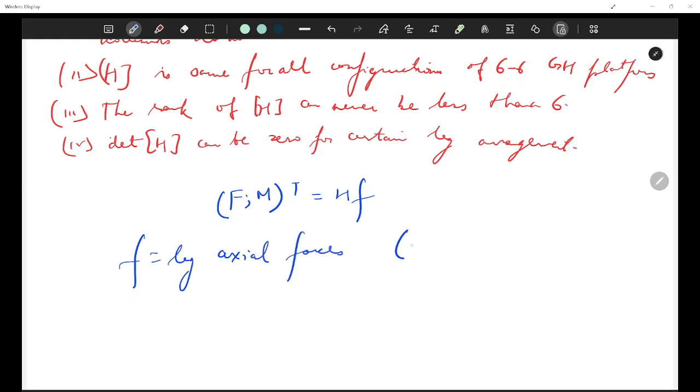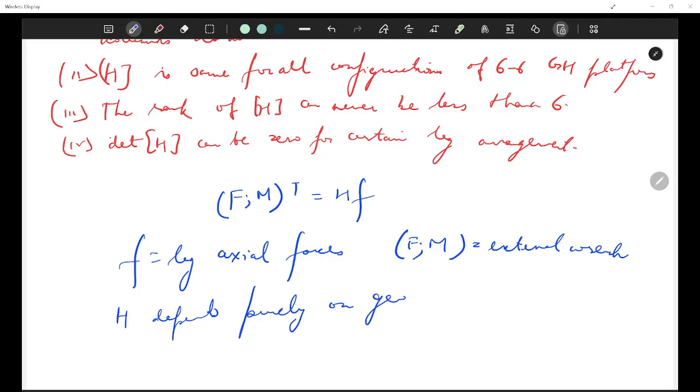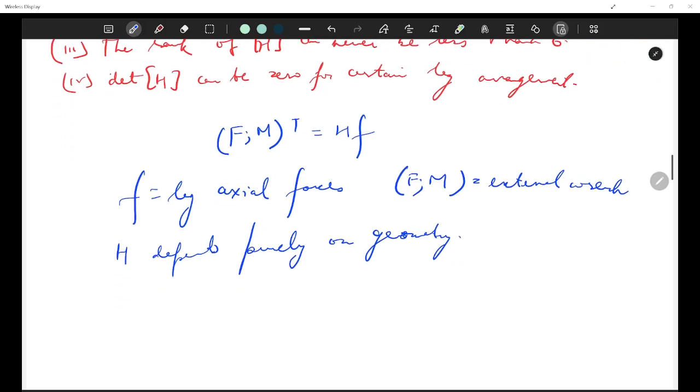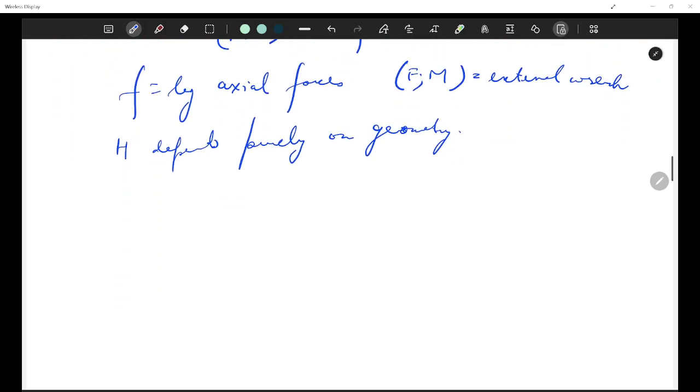Okay, F and M are the external wrench. H depends purely on geometry. Okay, so what is the structure of H? The top three rows, I'm not writing it completely, but the top three rows are direction cosines which are dimensionless, and the bottom three rows are moment arms which have length units.